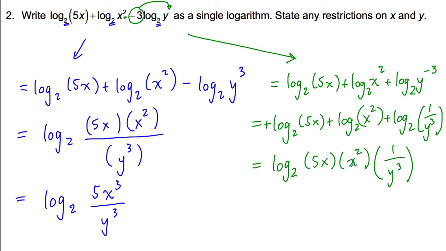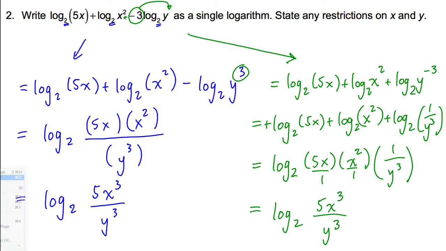But the 1 over y cubed means that we're going to multiply fractions straight across and get the same logarithmic expression that we got in blue. 5x times x squared is 5x cubed over y cubed. So whether you take just the 3, like we did in blue, and move it up to the top on the exponent, or you take the -3, you get the same answer both ways.